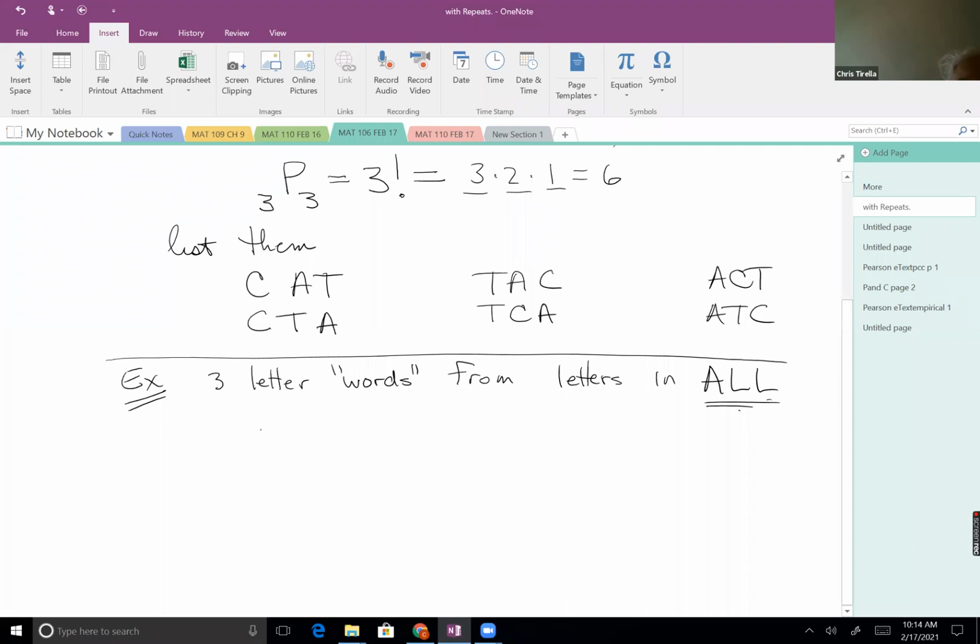If we tried to list them, I'll do the hard one, ALL. What would be another one? LAL. Any more? LLA. And I think that's it. And so do you notice if there's repeats, there are fewer?